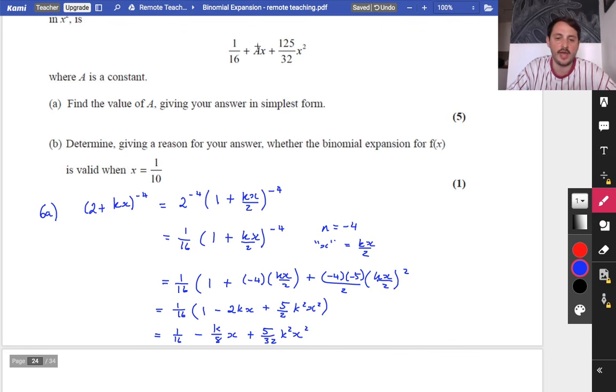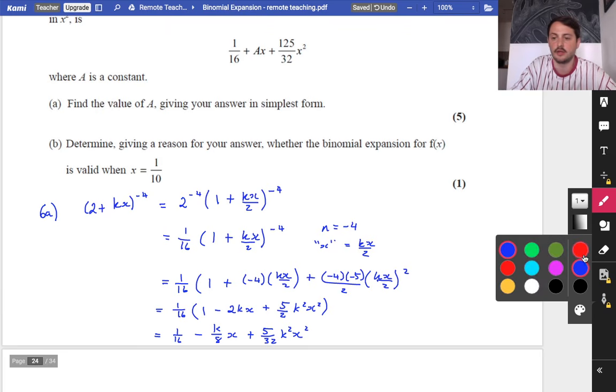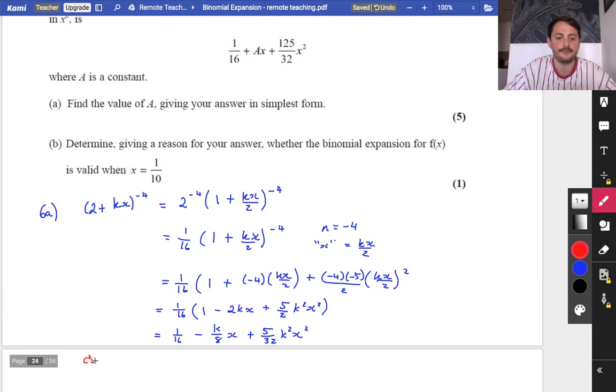Now, I want to find out what a is, but I don't know what k is. But I do know about these two things that I've got here. So if I compare coefficients, I can see that 5 over 32 k squared, the bit that's going in front of the x squared, must be equal to 125 over 32.